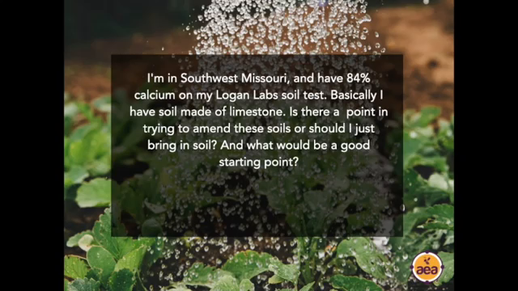The answer is yes, you can amend your soils, and you can amend your soils as you increase organic matter. Your organic matter should have a significant cation exchange capacity. And as organic matter increases, your 84% calcium can drop down to 60 to 65% calcium as you increase your CEC. And of course, I don't know the rest of the context.